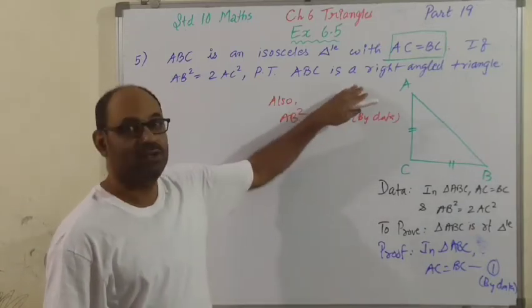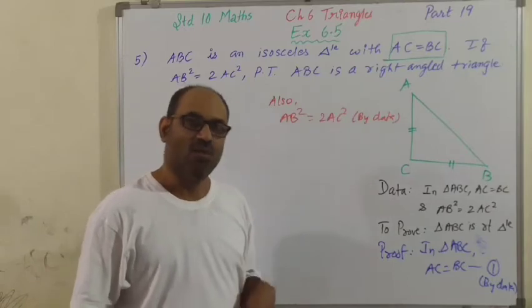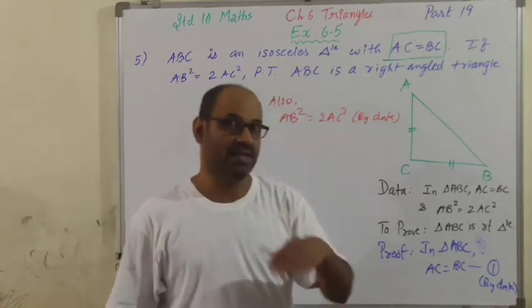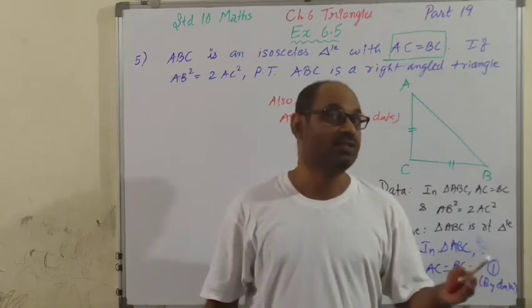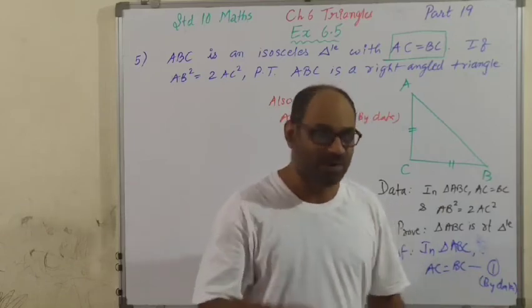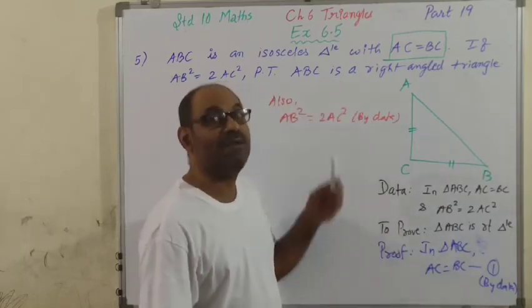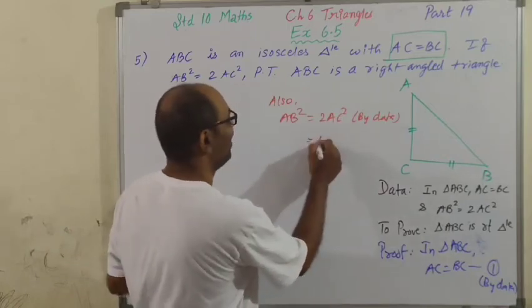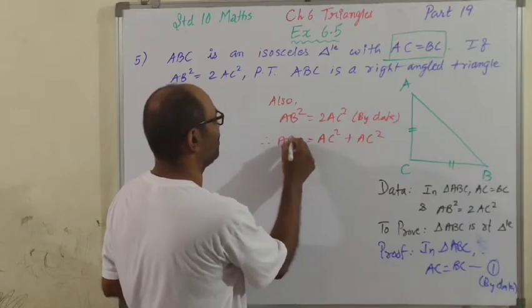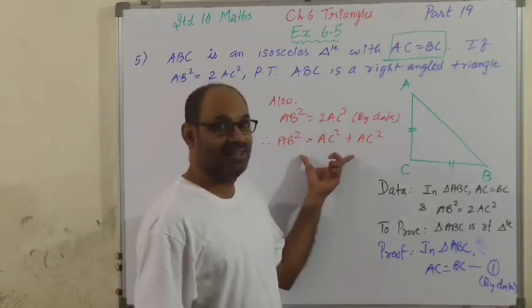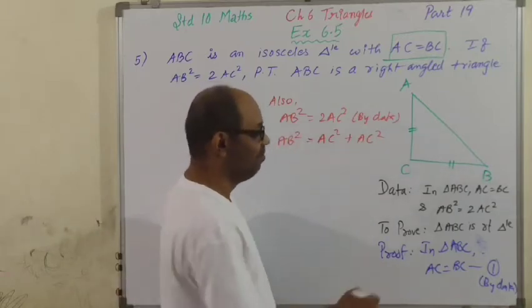What is 2x? x plus x. What is 2a? a plus a. What is 2a square? a square plus a square. What is 2x square? x square plus x square. So what is 2 times AC square? AC square plus AC square. Therefore, AB square is equal to... Children, these are not three sides, only two sides.